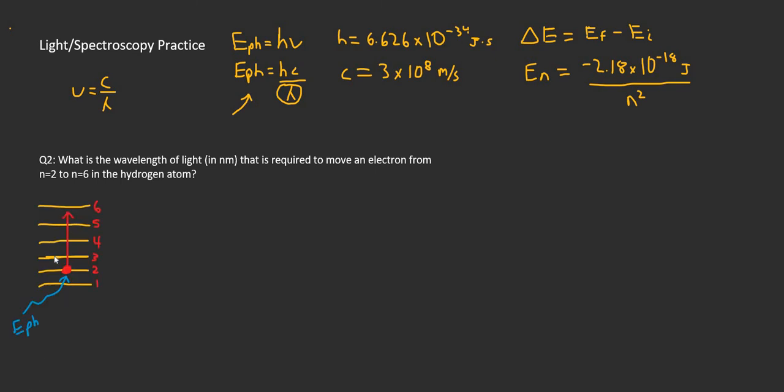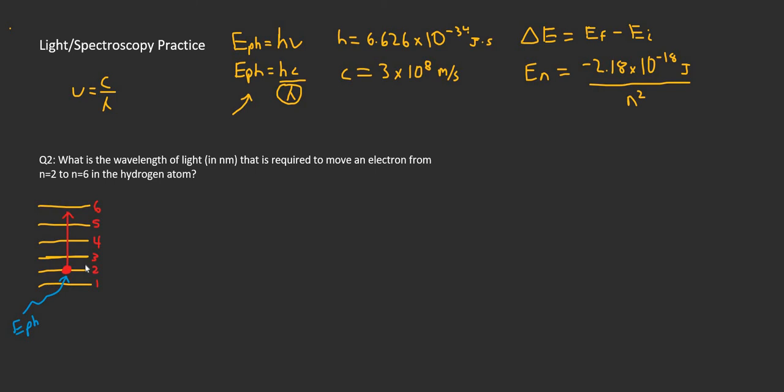So here's what we have. We have an electron on the second energy level, and a photon comes along and gives its energy to that electron, and that electron bumps up from the second energy level and goes all the way up to the 6th energy level. Now, think, what process is this?